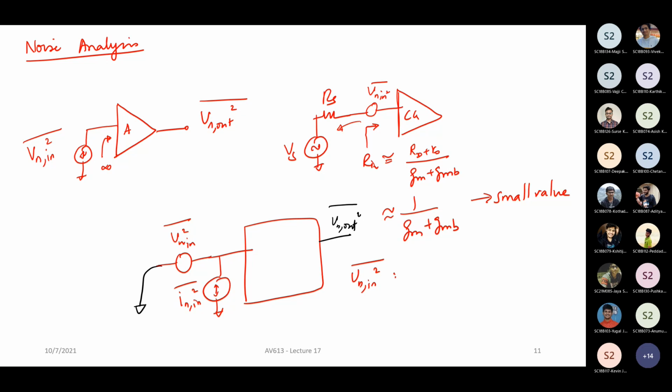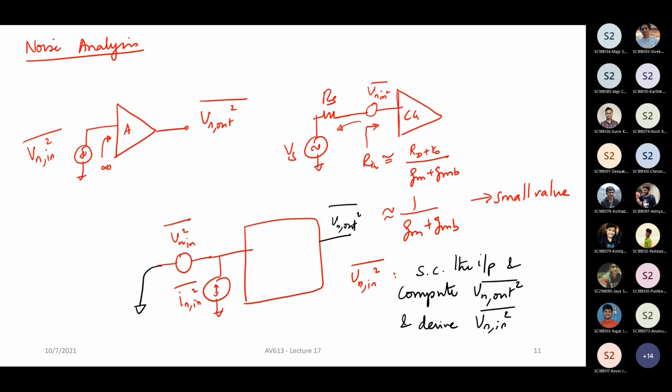So in order to compute the input referred noise voltage power spectral density, what we do is we short circuit the input and compute Vn out squared, and derive what is Vn in squared.